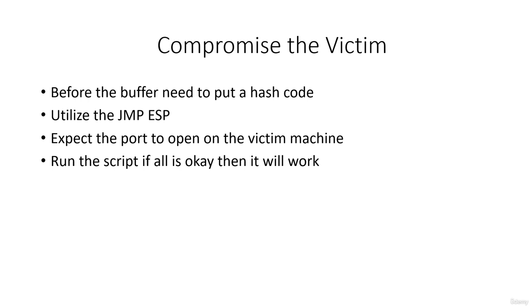This will happen when you find the JMP ESP and send it to the memory. Then it will automatically go to the ESP and be executed. This is very important because this is what will be sent to the EIP, and according to that the EIP will automatically go and execute.